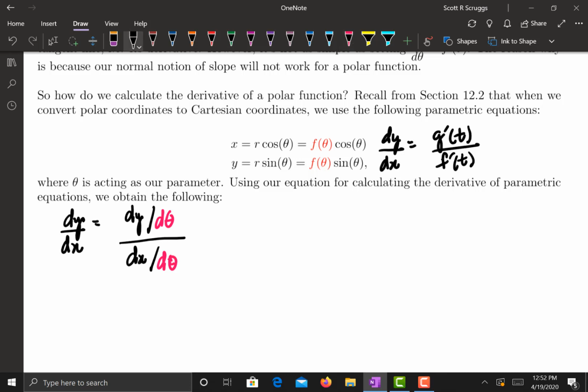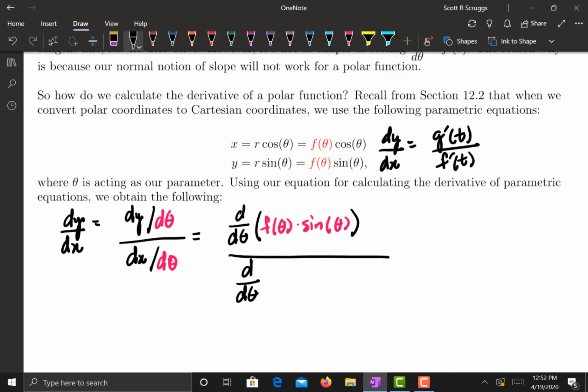And so now I'm going to take the derivative, with respect to theta, of the function married with y and the function married with x. So I'm going to take the derivative with respect to theta of whatever I called y, which was f of theta times sine of theta, divided by the derivative with respect to theta of f of theta times cosine of theta.